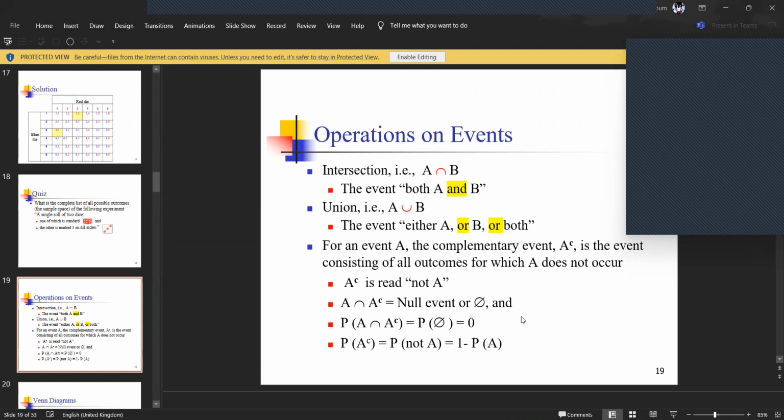Because you can't have both heads and not heads at the same time. Okay, and so the probability of getting the complement, or the probability of not A, is 1 minus the probability of getting A. Or in other words, the probability of not getting heads when you toss a coin is the same as 1 minus the probability of getting heads. All right.